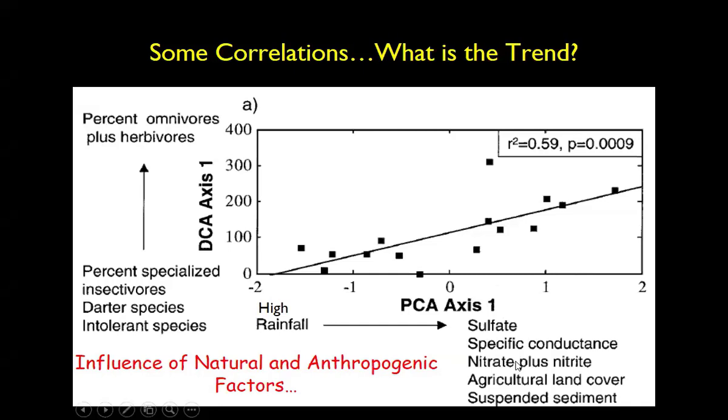So watersheds that had lower agricultural land cover had more darter species and more intolerant species and more of these specialized insectivores, which includes darters. On the other hand, these more agricultural watersheds were higher over here. They had more omnivores and herbivores. So does that kind of go with what Rashley was thinking and what we were thinking about how fishes might be affected by this?